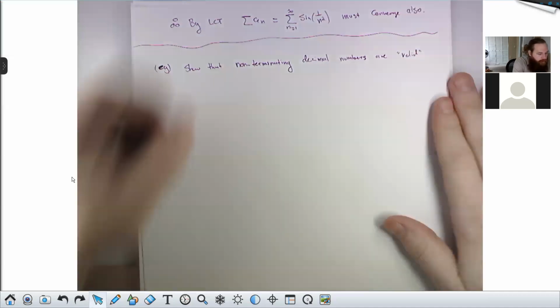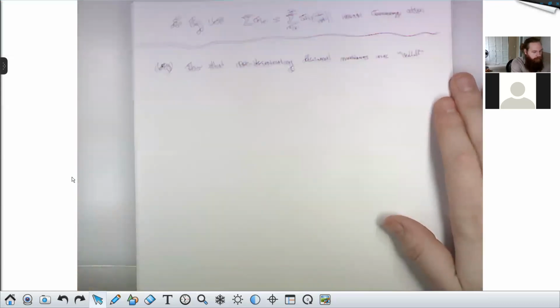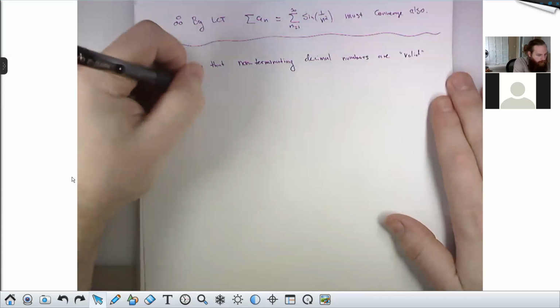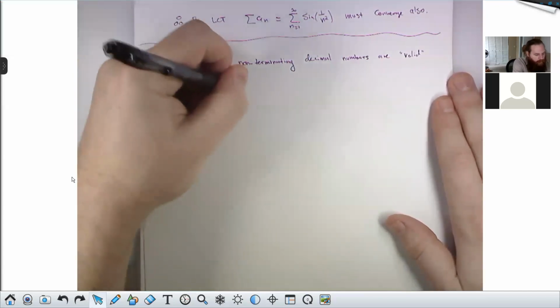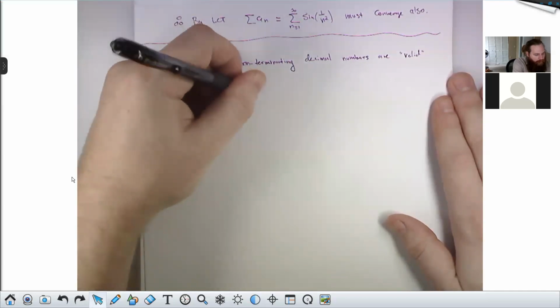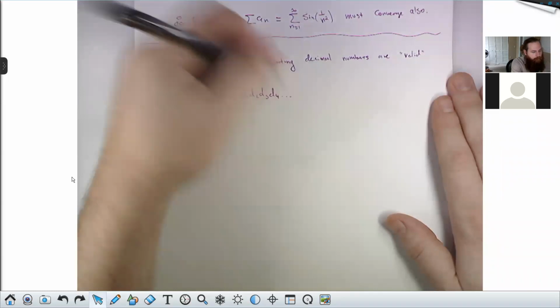All right, so let's look at what I mean by a non-terminating decimal number, and let's see what I'm saying when we say it's valid. I'll call the number capital D for decimal, and it's the number whose digits are 0.D1, D2, D3, D4, and so on.